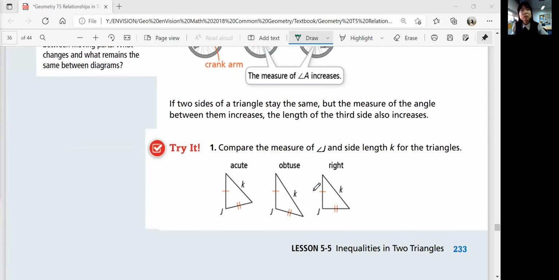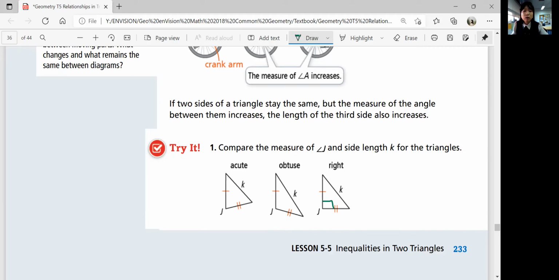Okay, so let's look at try number 1. Let's compare the measure of angle J and side length K for the triangles. How would side length K change looking at different angles? So this is an acute angle, and that's going to be less than 90 degrees. This is a right angle, so J must be 90 degrees. Obtuse is greater than 90 degrees.